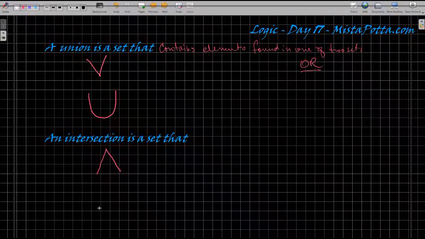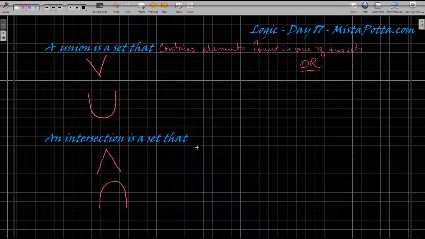Its symbol is going to be an upside down U, just like the symbol for a union. I mean, just like the symbol for a conjunction was an upside down V.